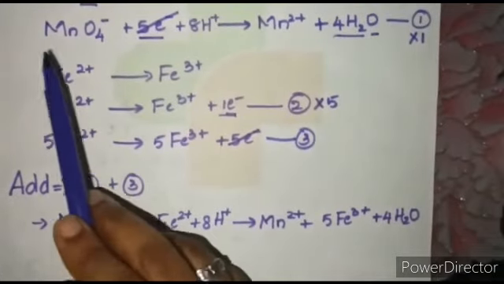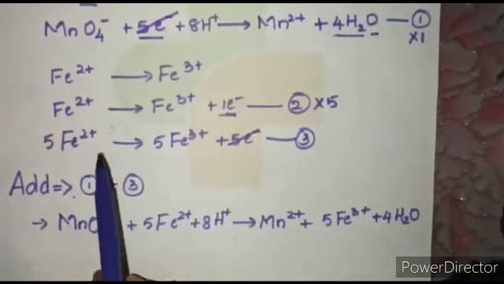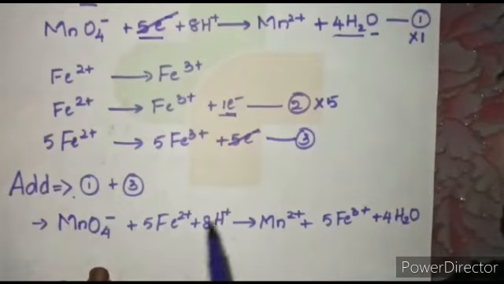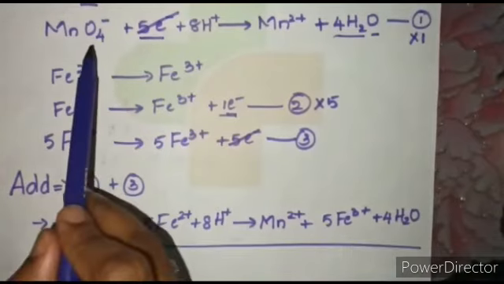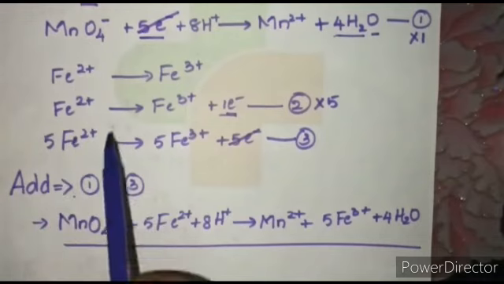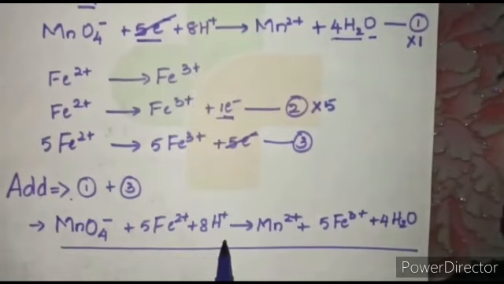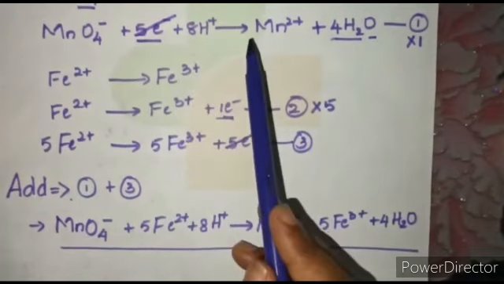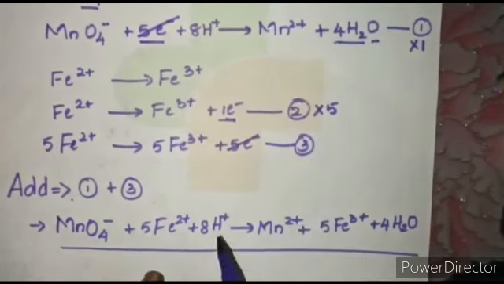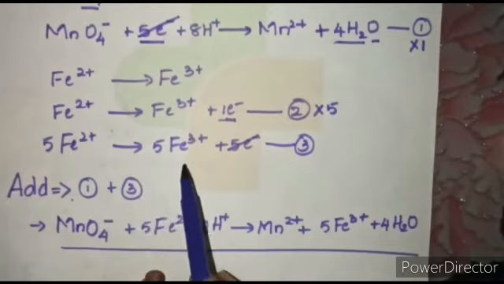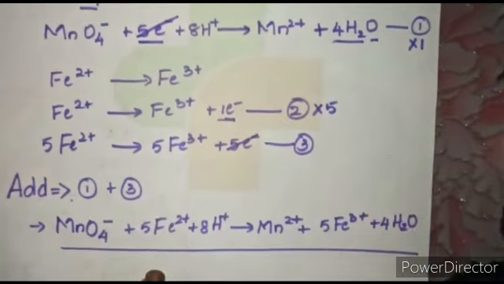See, equation number 1 and equation number 3 are added here. MnO4- plus 5Fe2+ plus 8H+, giving Mn2+, 5Fe3+ and 4 water molecules.